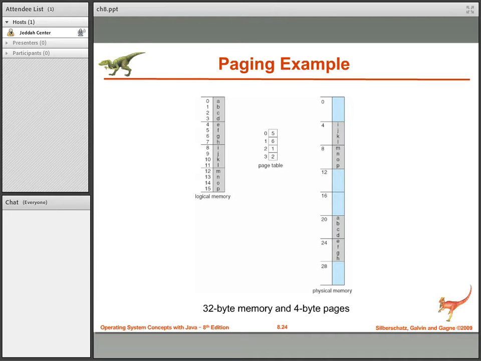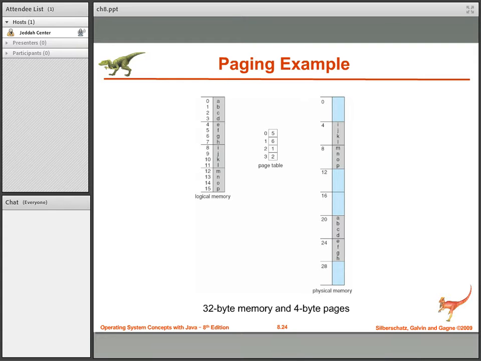And since a byte is 8 bits, there are 32 bits in that page. On the right, we have the physical memory. Again, as you can see, it consists of 4-byte frames.